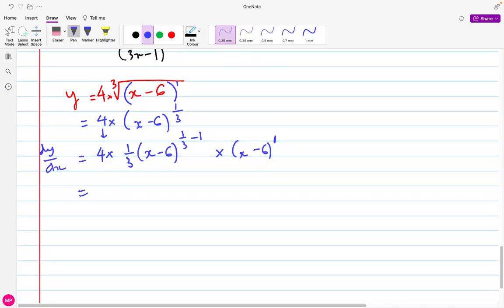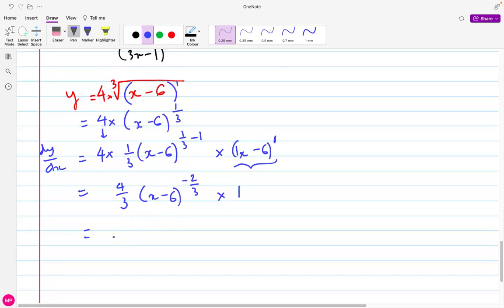So 4 times 1/3 is 4/3. (x − 6) to the power of 1/3 minus 1 is −2/3. The derivative of x is 1, and the derivative of 6 goes away. So technically you times by 1, and because you times by 1, you don't have to do anything with that.